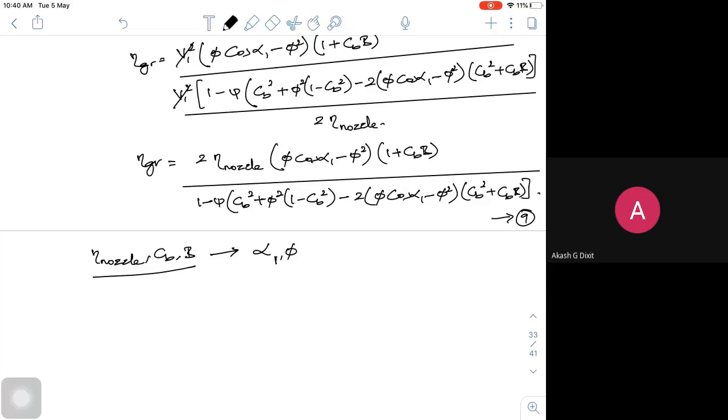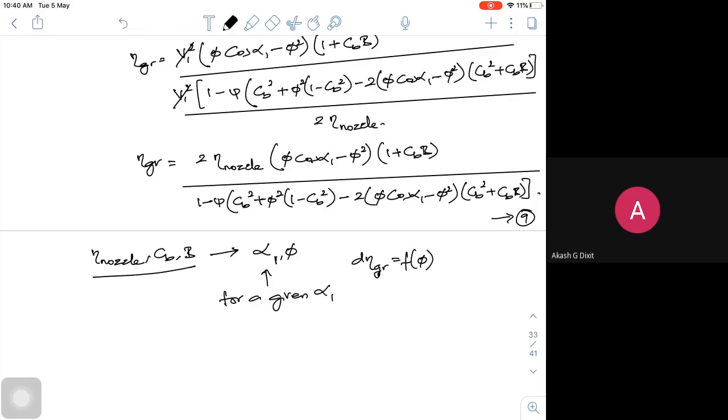Now, when I am designing a particular turbine, I want to inject the fluid at a particular alpha. So for a given flow angle at the inlet, my gross stage efficiency will be a function of the ratio of peripheral or blade velocity to your V1, that is your fluid velocity.